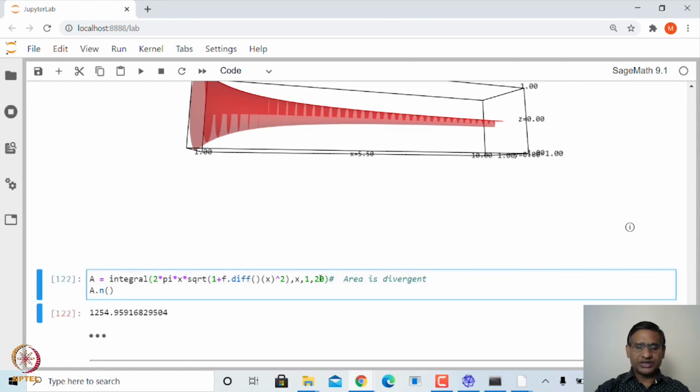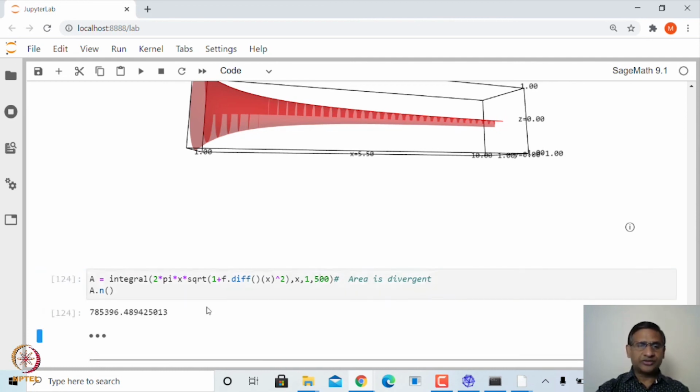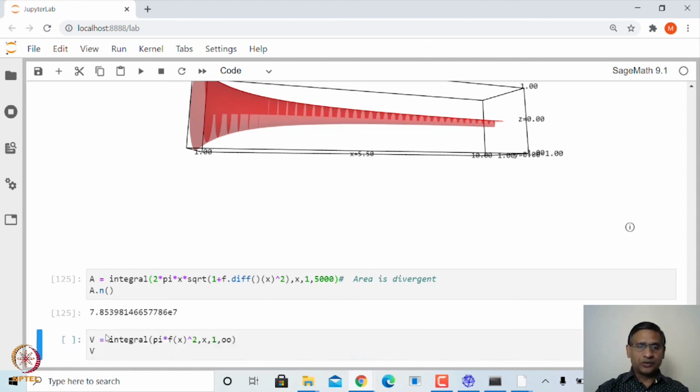If I go up to 50, it becomes 8752. If I go up to 500, and if I go up to 5000, you can see it is becoming very large. So, the surface area is increasing, whereas what happens to the volume?